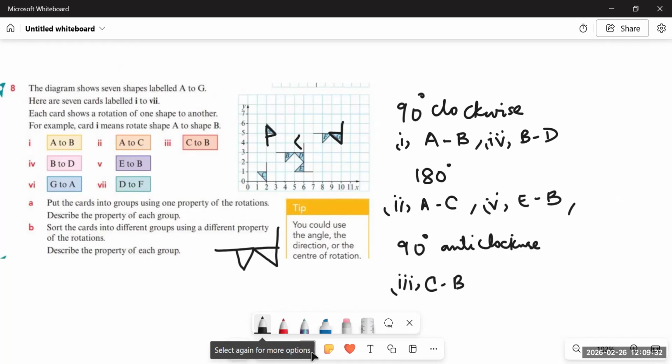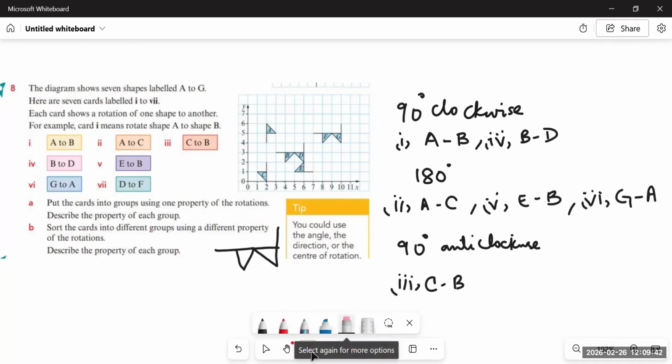It will also fall in this category, G to A. And the last one is D to F. So D to F is 90 degrees anti-clockwise. Right, students? That's all.